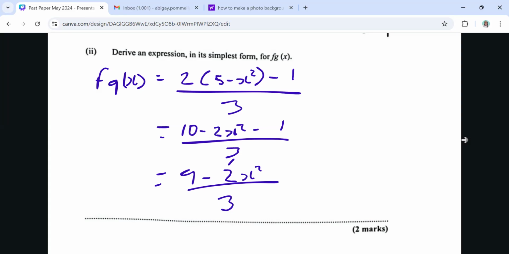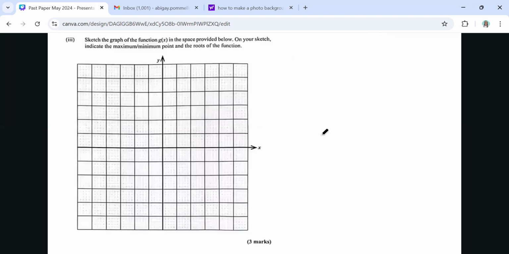All right, let's go on. All right, so sketch the graph of the function g of x in the space provided below. On your sketch, indicate the maximum or minimum point and the root of the function. So the root of the function means I have to find x.